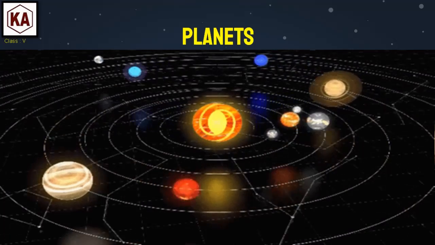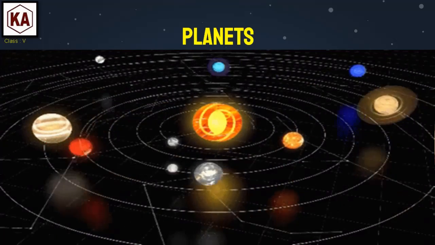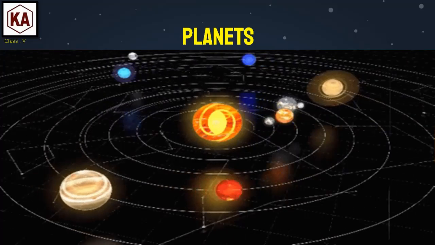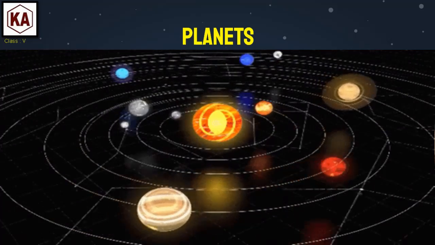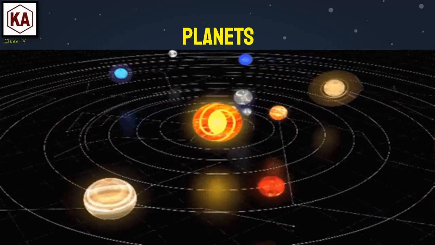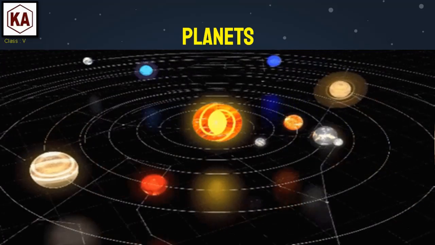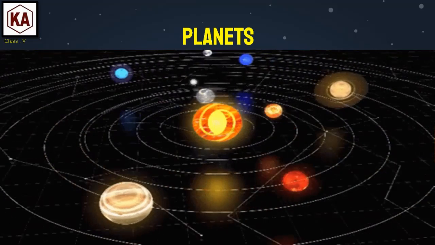It is also called a dwarf planet, and we excluded it because its orbital path was very different. Sometimes it gets too close to the sun, and sometimes it gets too far from our sun. Okay?